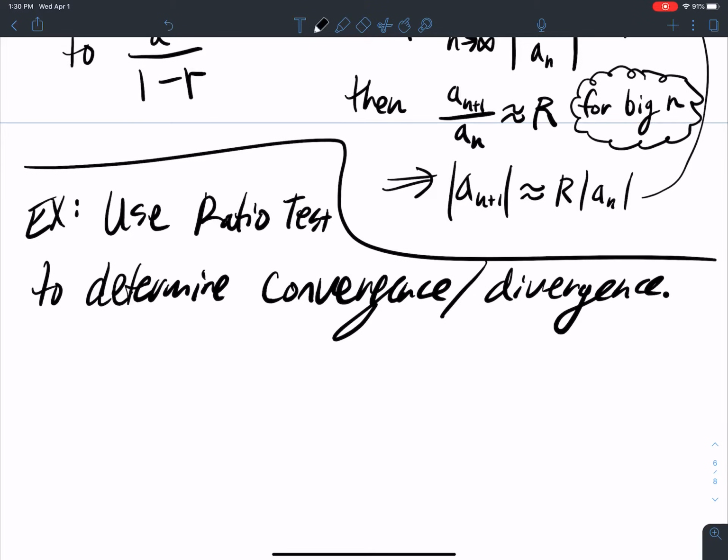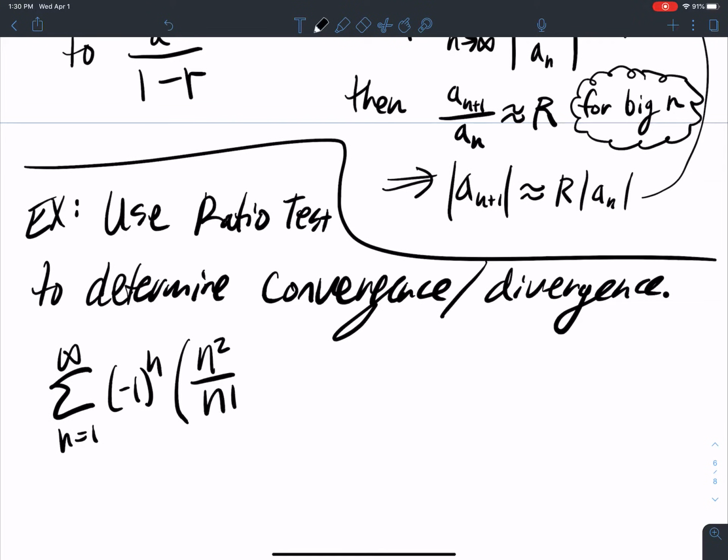So, the series n equal 1 to infinity, negative 1 to the n, times n squared over n factorial. Yikes! Okay? Anytime I see a factorial, I should automatically think ratio test right off the bat. And I'll show you why the ratio test is a good guess in just a second.